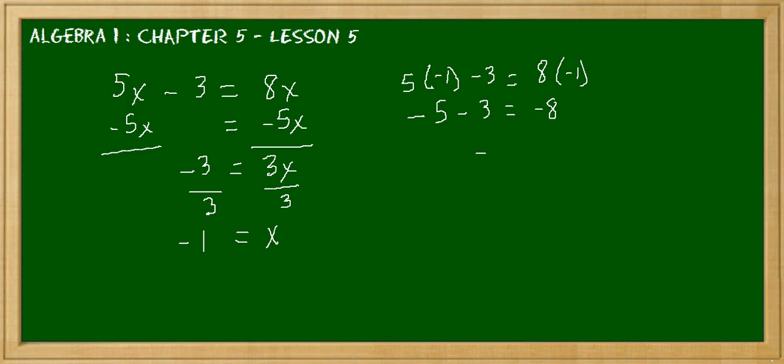Let's just show how we learned that before. We could say negative 5 plus negative 3, and if we did that, we know that would be equal to negative 8, and that would show you that the answer is correct. x is equal to negative 1.